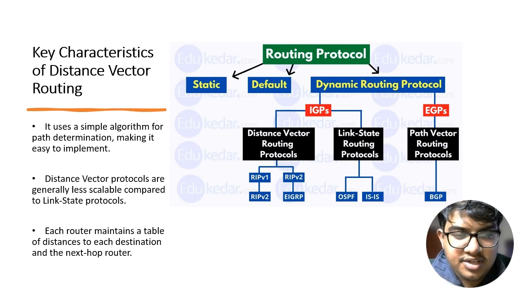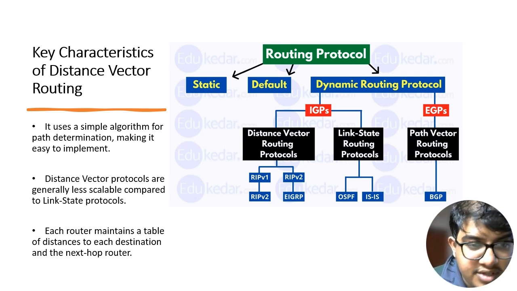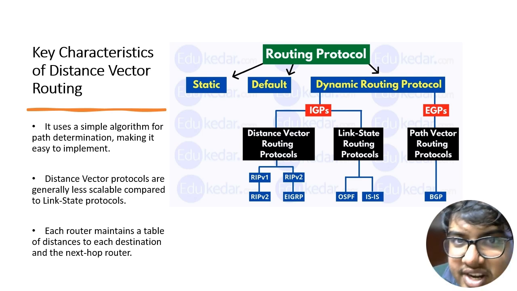Each router maintains a table of distances and sends it to its forwarding neighbor. It uses quite a bit of memory, because each router is going to create a new table every time. So it's going to consume memory.